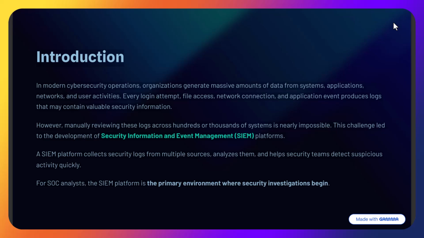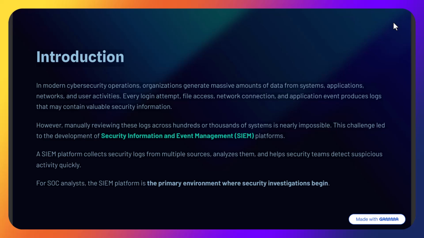However, modern organizations may have hundreds or even thousands of systems generating logs at the same time. Manually reviewing all these logs across so many systems would be extremely difficult and time consuming.